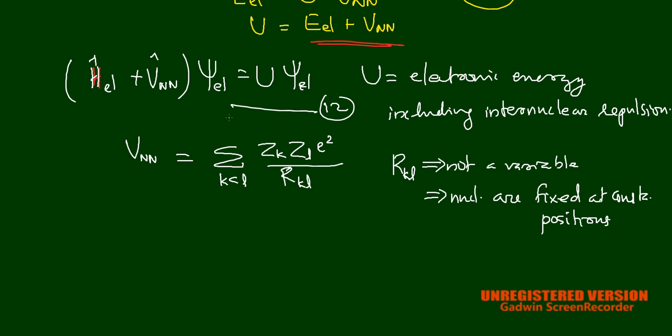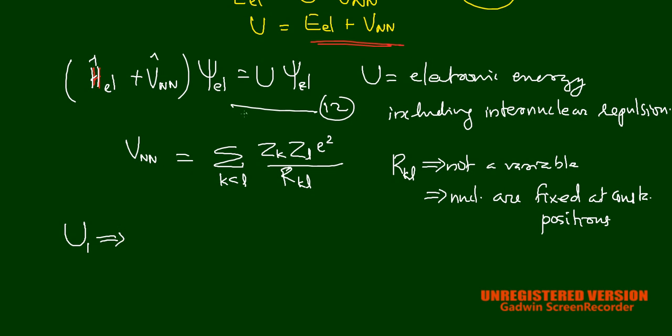U is the electronic energy including the internuclear repulsion. For example, you get a U value which is called U1, and U1 corresponds to a particular nuclear position. Because you fixed the nucleus at a certain position, only then you solve this Schrodinger equation.